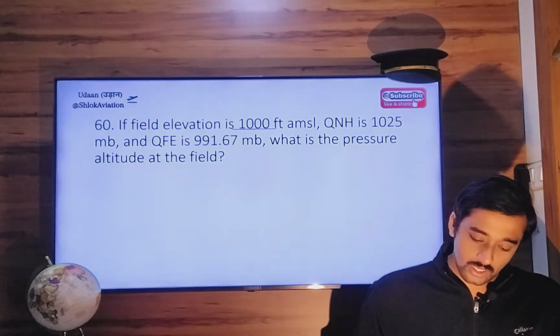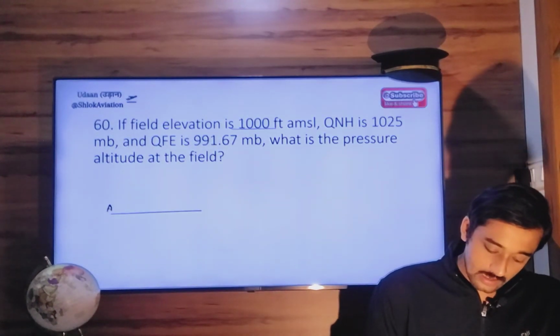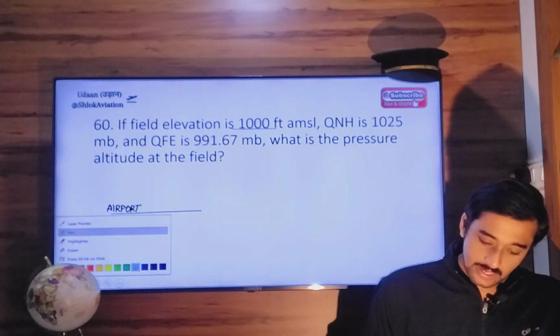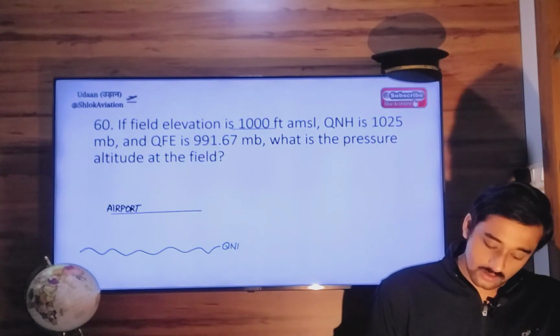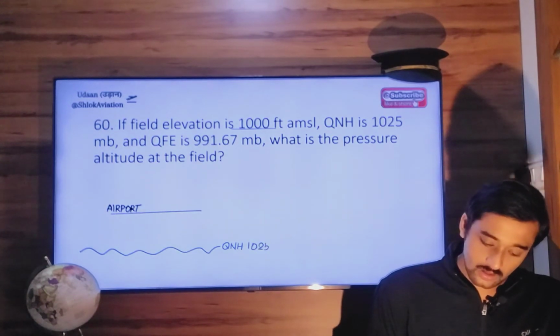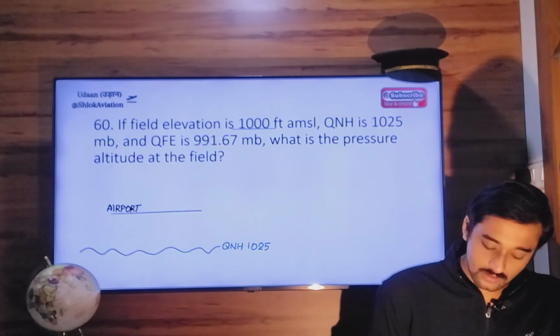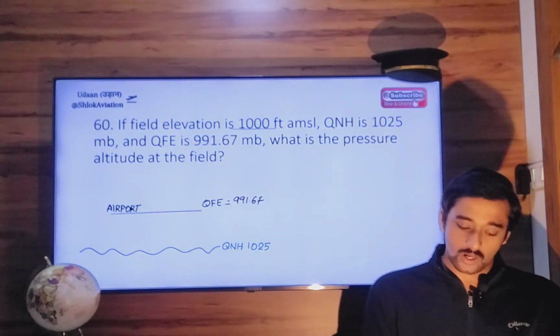Field elevation is 1000. Elevation is measured from QNH. QFE is 991. What is pressure altitude?